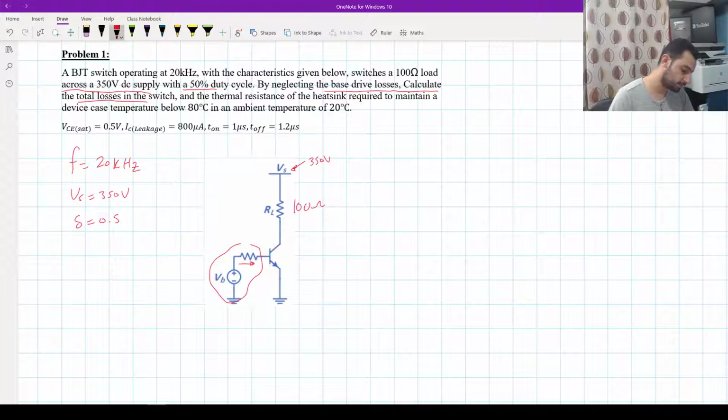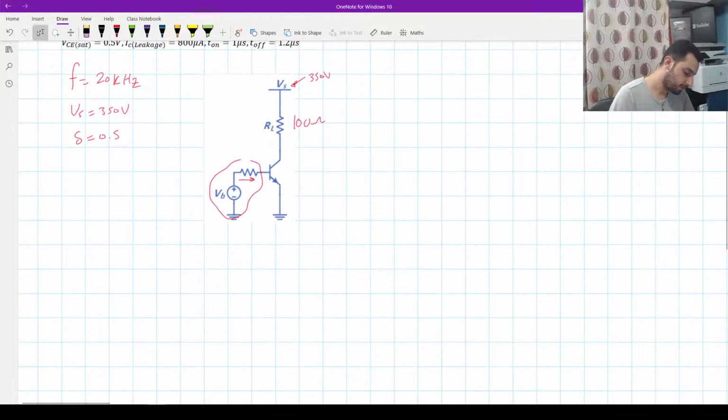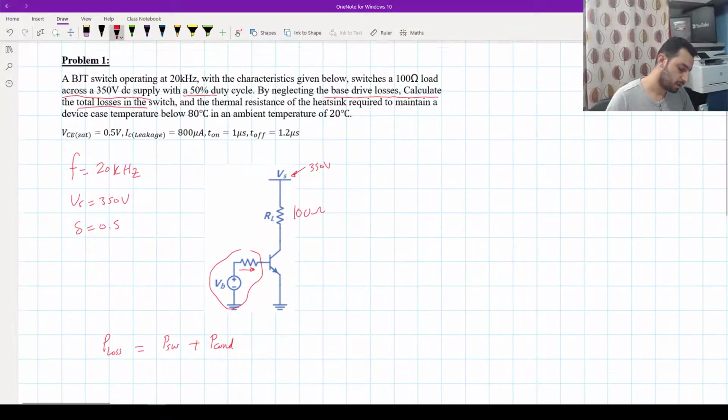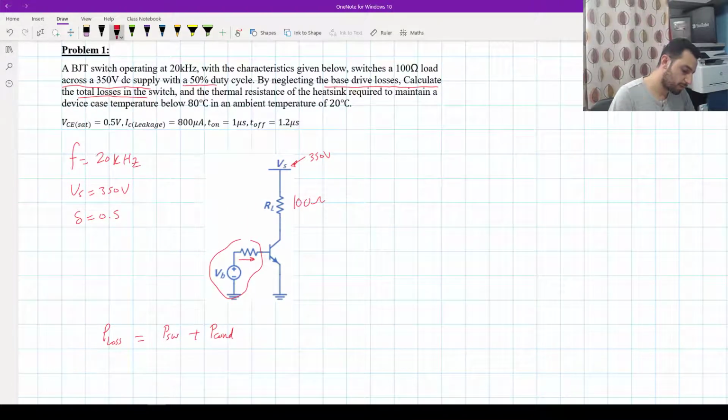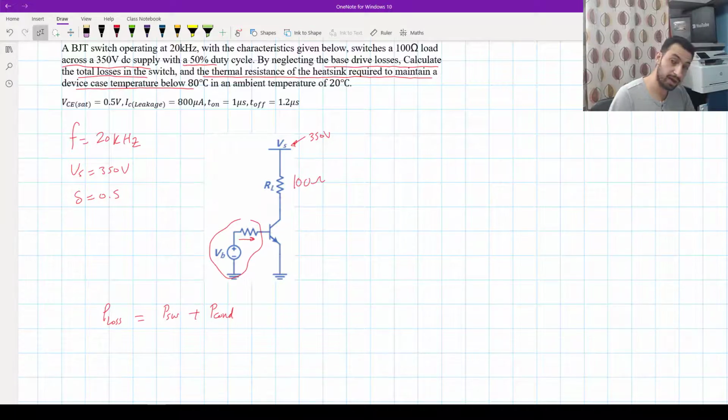Total losses, P losses, equals the switching losses plus the conduction losses. Also the thermal resistance of the heatsink required to maintain device case temperature below 80 degrees. So TC should be 80 degrees and the ambient temperature equals 20 degrees.